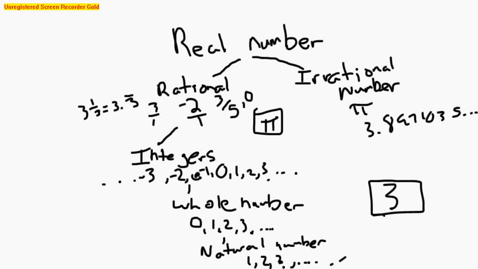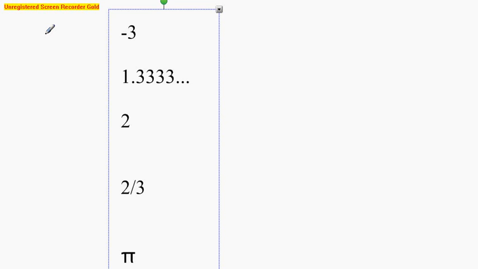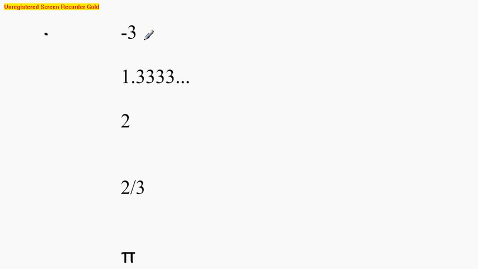So let's try some problems here and get the hang of it, see if we can catch on to what's going on. All right, so this first one, negative 3, we're going to classify it as many ways as we can. Negative 3 is negative, so it can't be a whole number or a natural number, but it could be an integer, and it could be a rational number as well as a real number. 1.333, again, this is that repeating decimal, so that's going to be 3s forever.